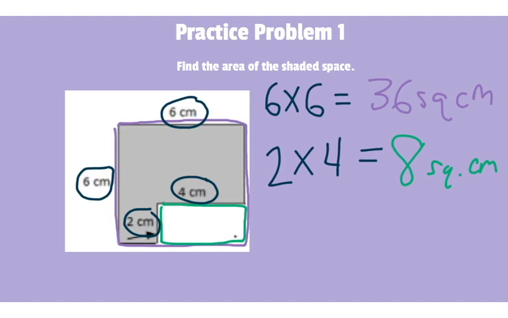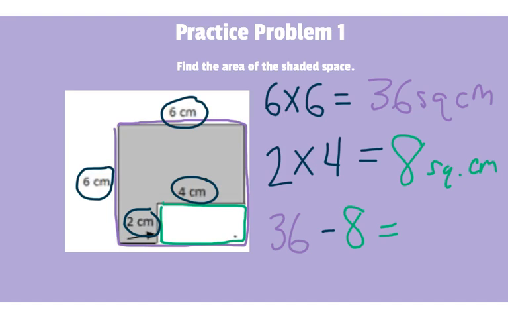I'm almost there. So now I found the area of the whole purple square. And then I found the area of the green square. And now I want to take that out so that I have just the area of the gray section. So to do that, I'm going to take 36 and I'm going to subtract 8.